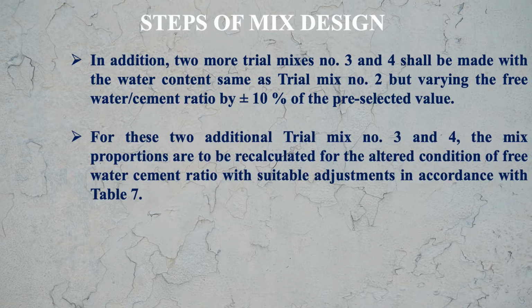For these 2 additional trial mixes number 3 and 4, the mix proportions are to be recalculated for the altered conditions of free water cement ratio with suitable adjustment in accordance with table 7. The values given in table 7, that is to be referred.